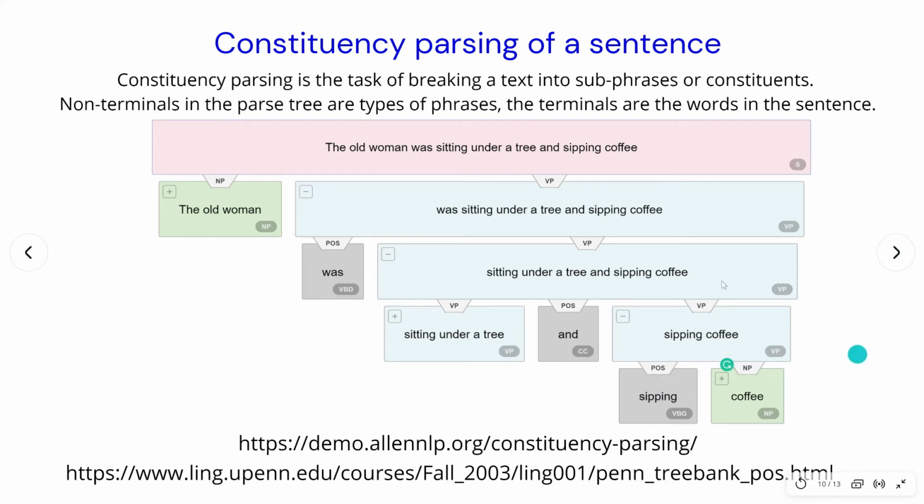Now if you are curious about what these different kinds of terms, verb phrase VP, NP, or VBD, CC, VBG, all these things stand for, please go to this link here and you will be able to see the definitions of each of these.